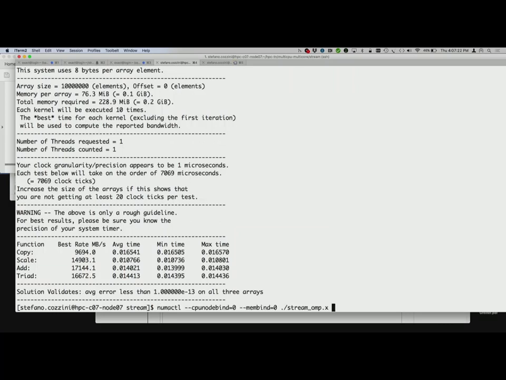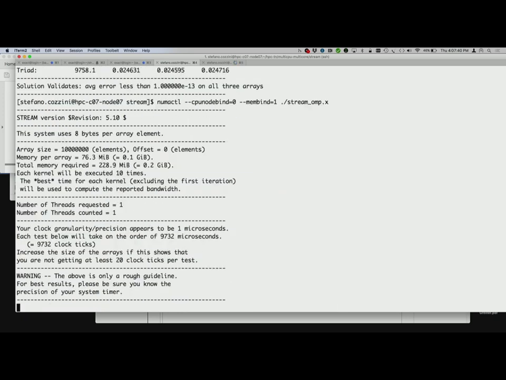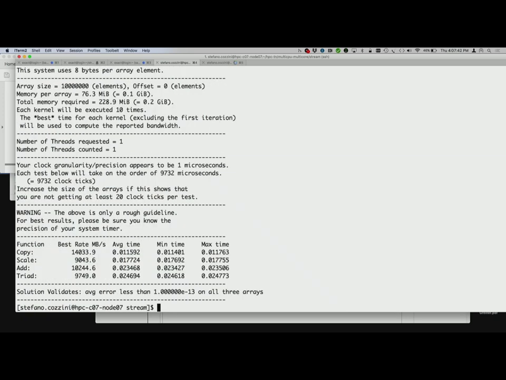So these are the numbers that I got. If I do this way, that is the wrong way to go. What you see is that there is a decrease in performance.